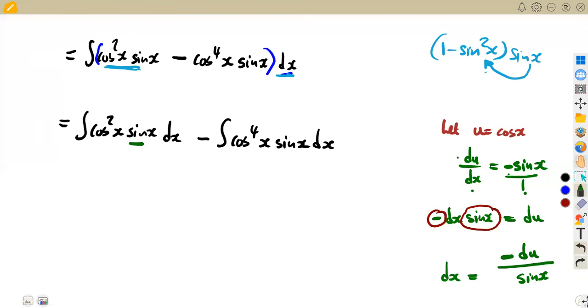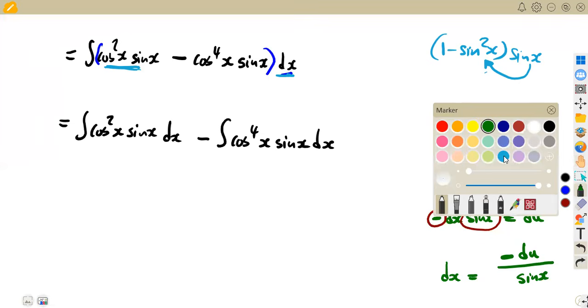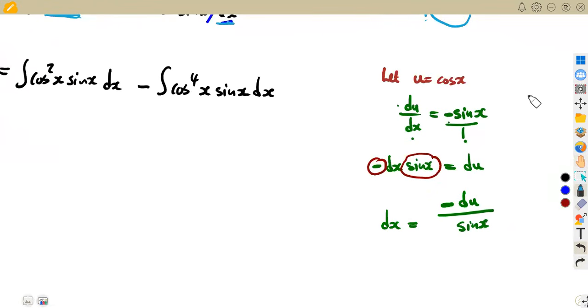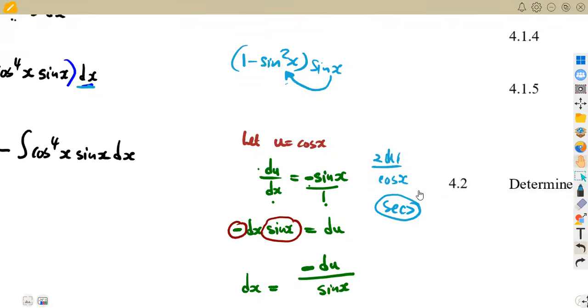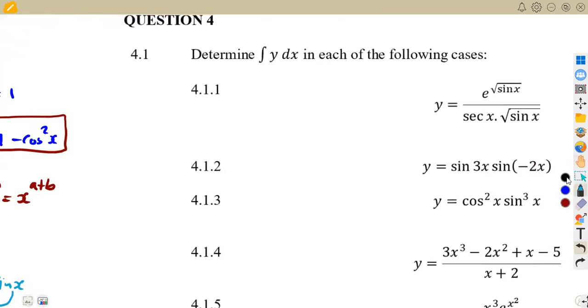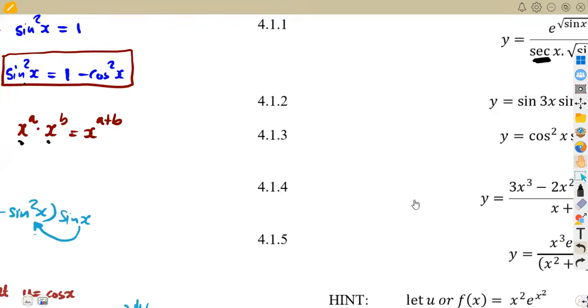So do not be tempted by what I explained in the previous question, where from that 1 over cos, where we had something like 2u du over cos, we said 1 over cos is going to give us sec. It was because there was a sec in our question. If you check on that part, there was a sec, so that is why I had to focus with a sec. In this case, we do not have cosec.